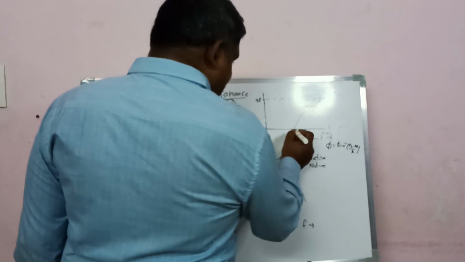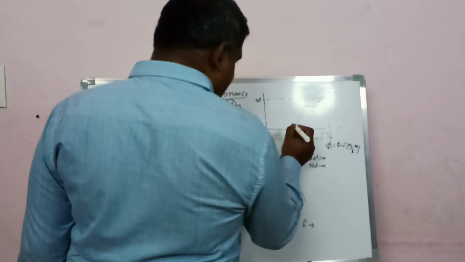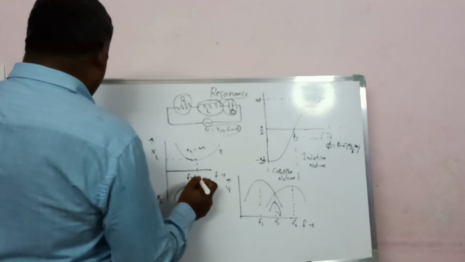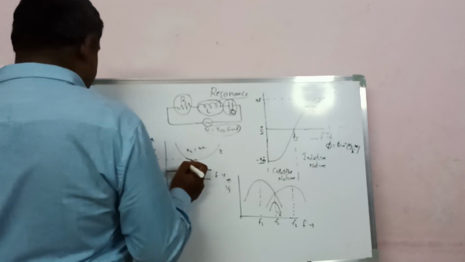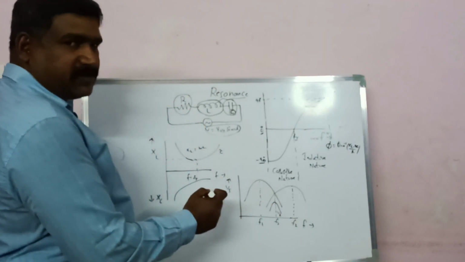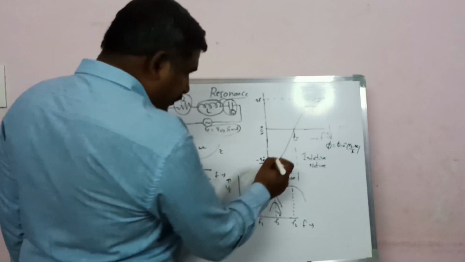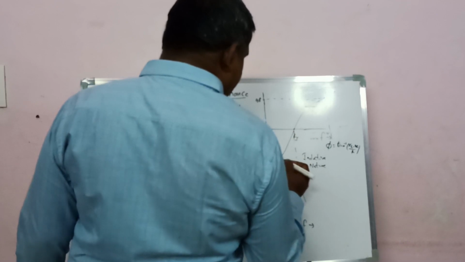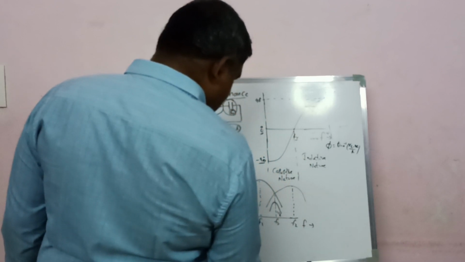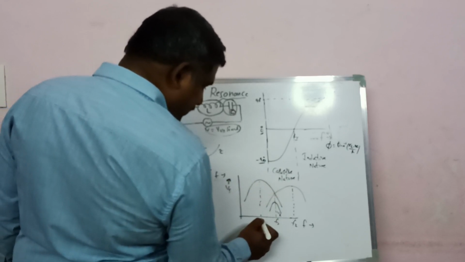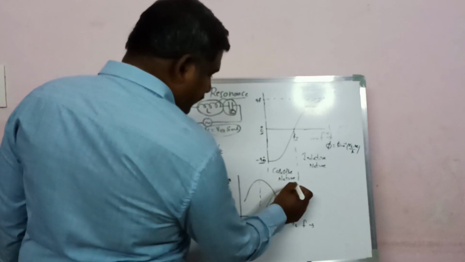In such cases, at a particular frequency, the two are equal in magnitude but exactly placed 180 degrees apart from each other. So at FR value the two values are equal. I have shown here: this is my Vs, this is my VC, and this is my VL.